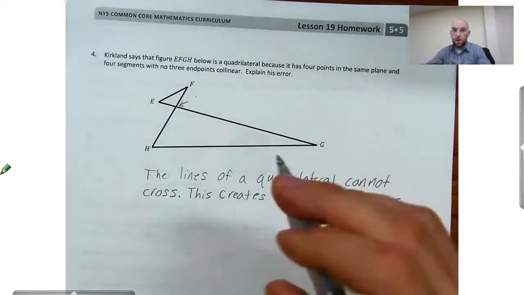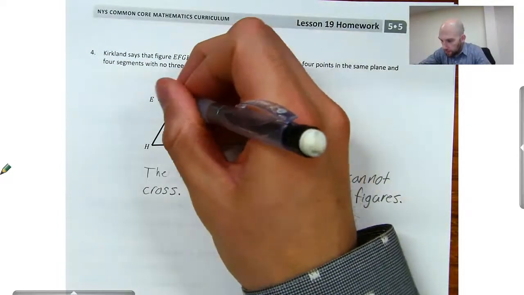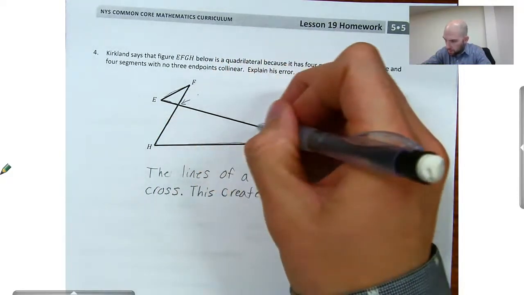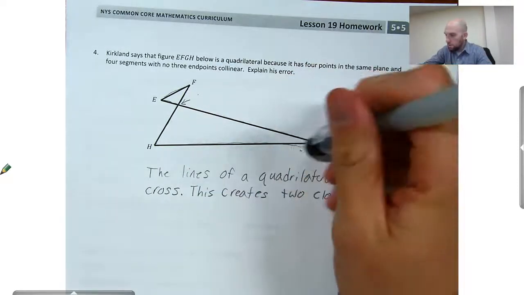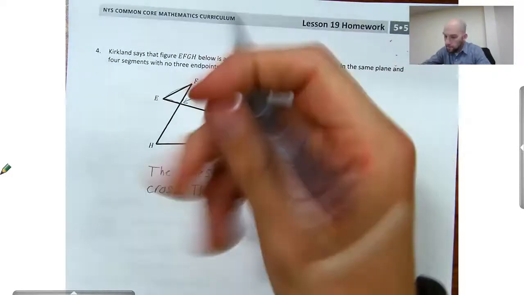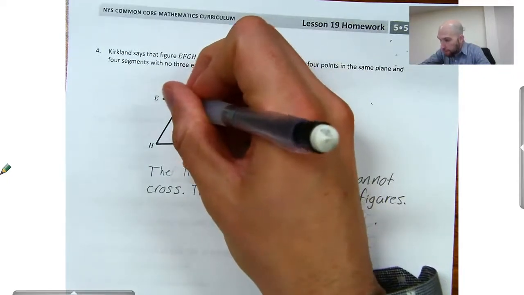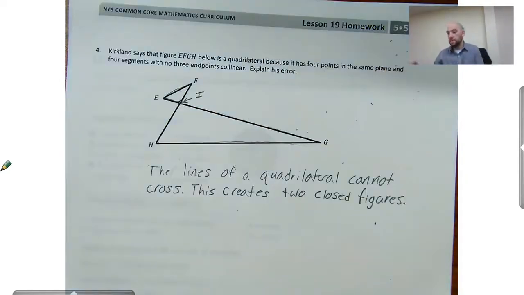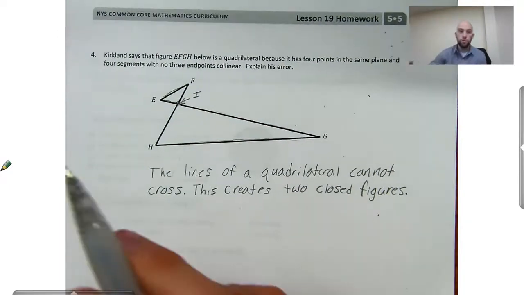What we really have here is two triangles. Here's a closed figure right here, and here's a closed figure right here. And we really have a point right here we could add where they intersect. We could call it E, F, G, H. We could make this point I if we wanted to, and it would make it triangle EFI and triangle GHI. And we'd have two triangles there.